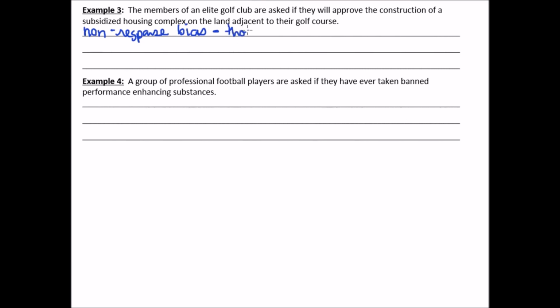So those against may very well speak up against this. So what's going to happen is it's going to be heavily weighted toward probably the no, like no, I'm not for this.